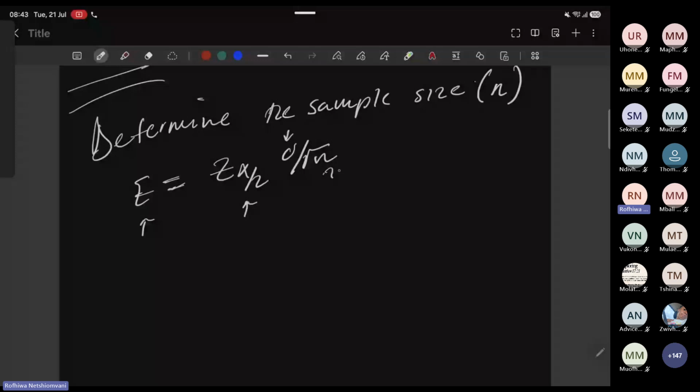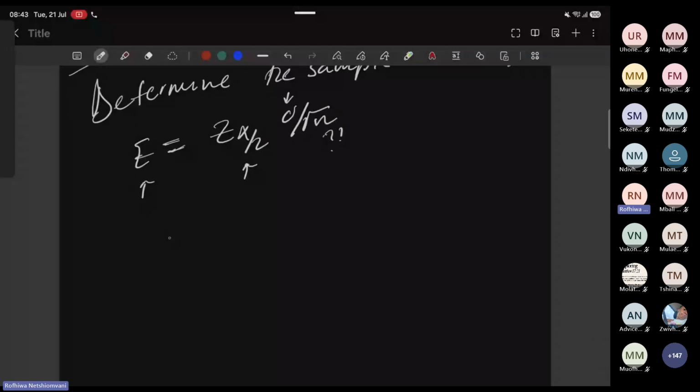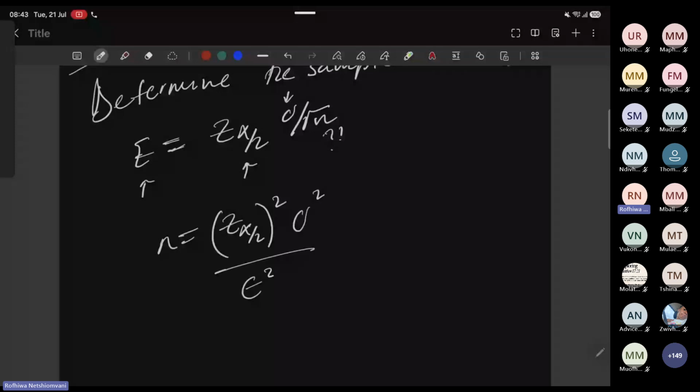If you ever write the special exam, I will make you derive the formula. For now, we just have to know that n is given by Z alpha over 2 squared, sigma squared over E squared, which can be interpreted as putting a square on everything, multiplied by sigma.